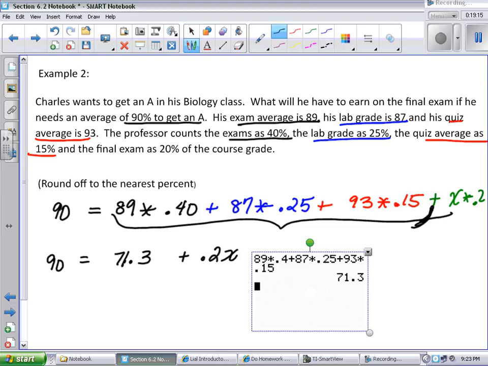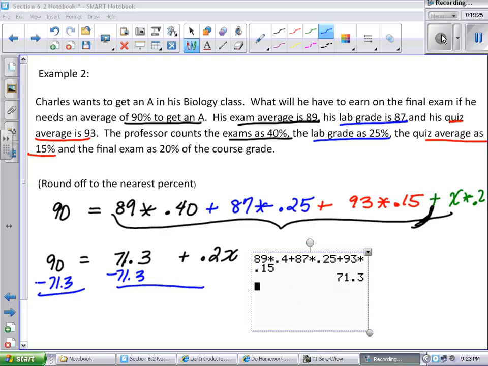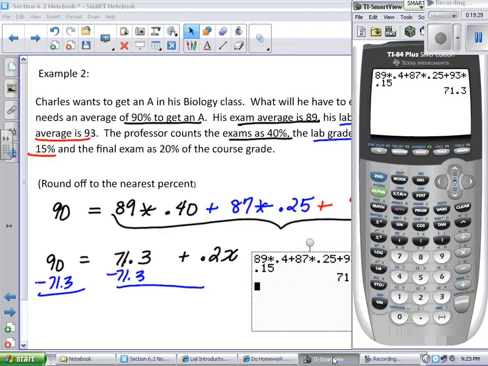So 71.3. To solve the equation, we need to subtract 71.3 from both sides. And I'm going to pull the calculator back up to do that. 90 minus 71.3 is 18.7.